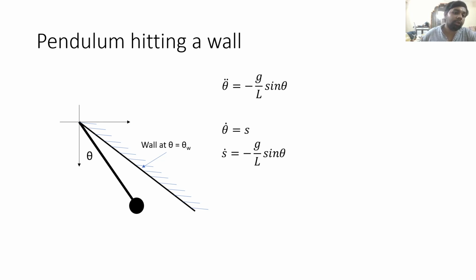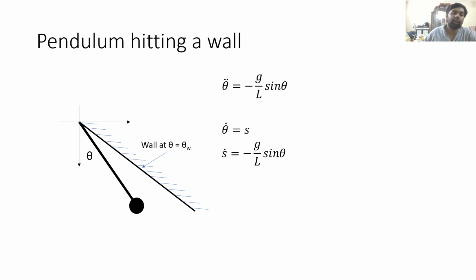If there is no damping present in the system and no wall, then if we release it at 60 degrees, it is expected to go up to 60 degrees on the right hand side. But now if there is a wall present at 40 degrees, then it will have some kinetic energy left, so it will bounce back with certain kinetic energy.